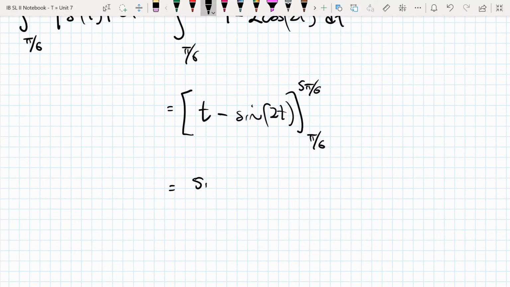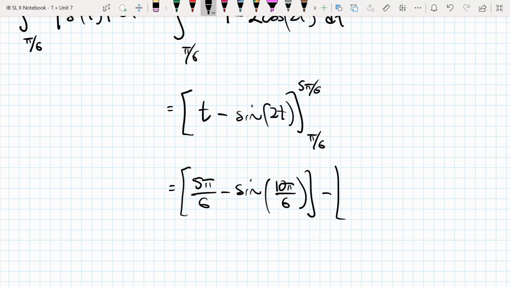So 5 pi over 6 minus sine of 2 times 5 pi over 6, that's 10 pi over 6, minus, let's write it like this, pi over 6 minus sine, well, if we multiply pi over 6 by 2, that is pi over 3.